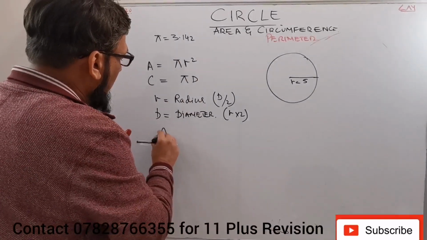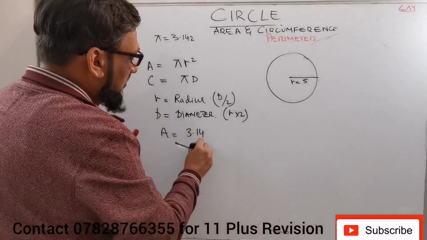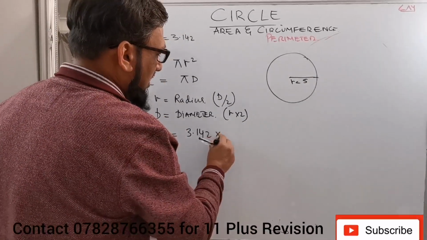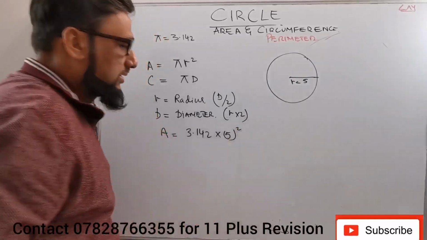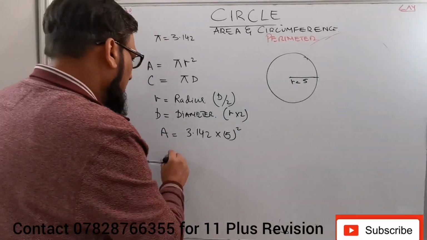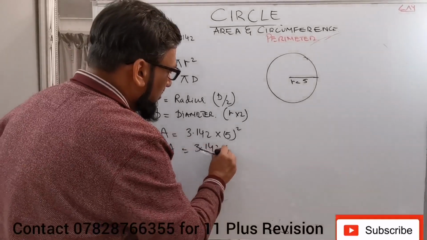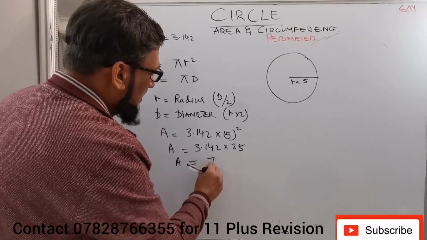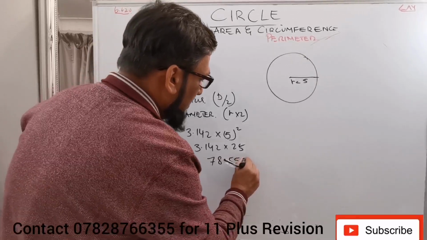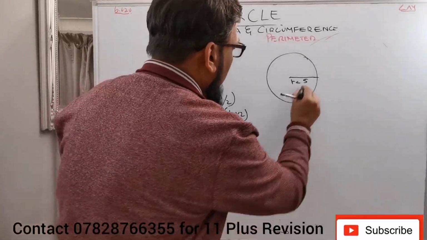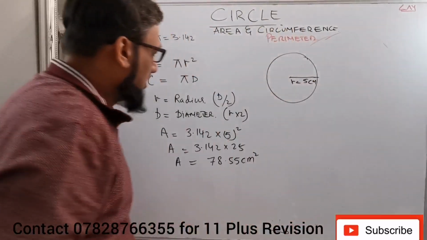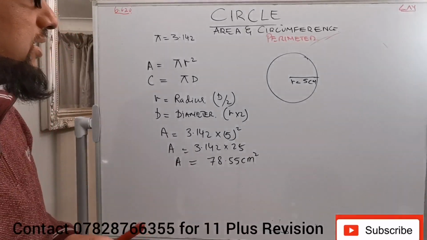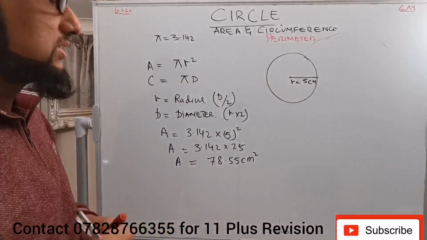A equals 3.142, the value of pi, times r square, where r is 5, so 5 squared. A equals 3.142 times 25, and the answer will be 78.55 centimeter square if r is in centimeters. So the area of the circle is 78.55 if the radius is 5 centimeters.